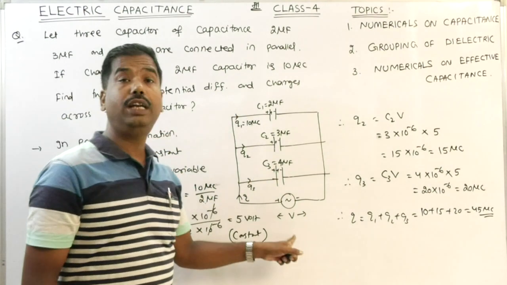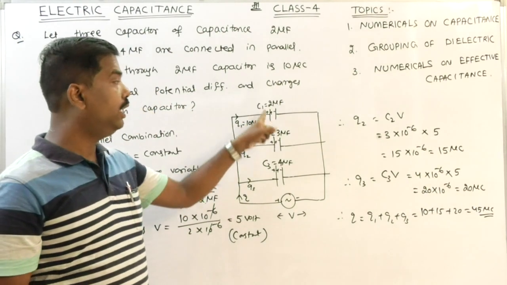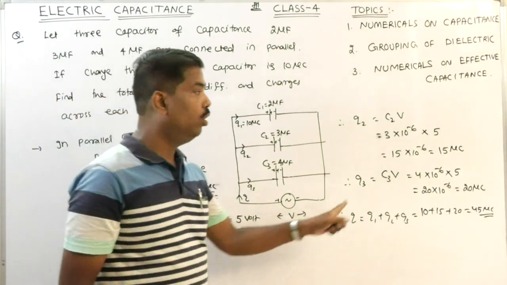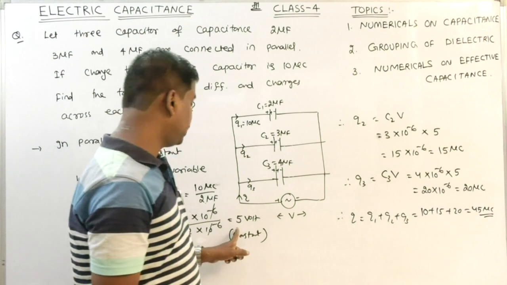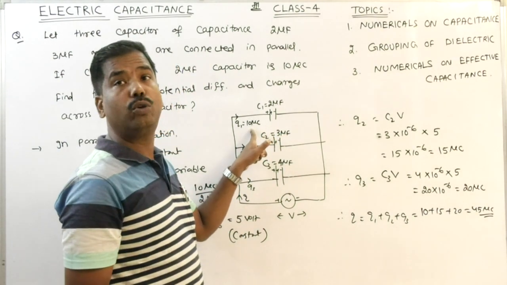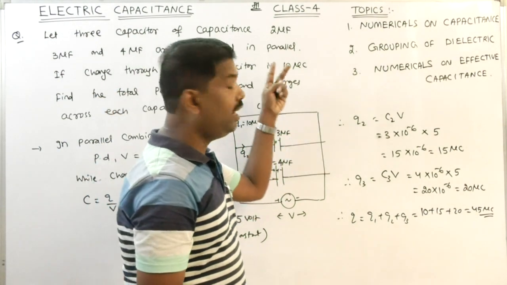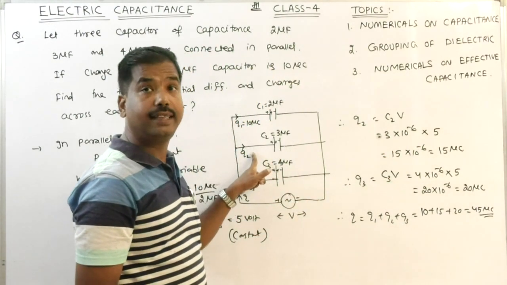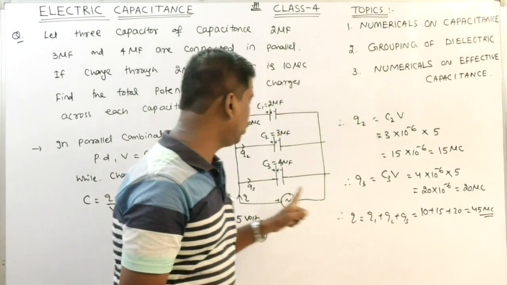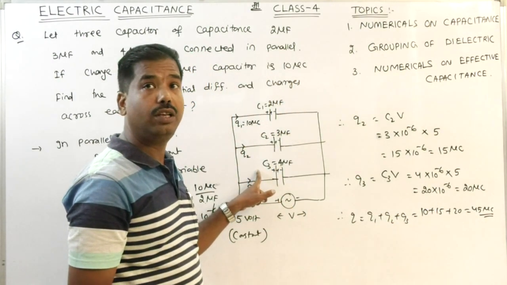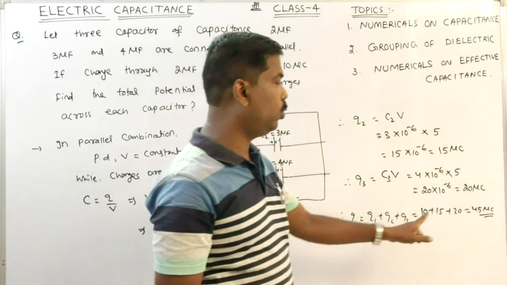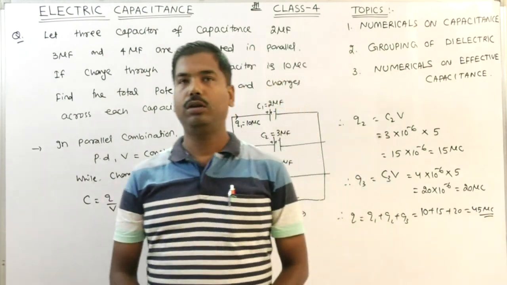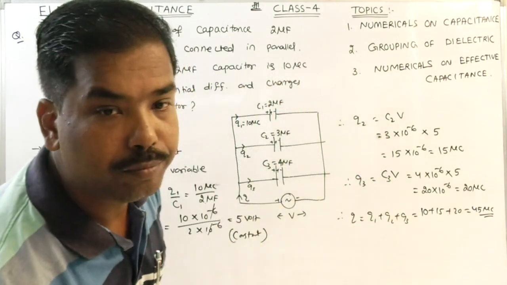The potential difference is constant, so 5 volt is across each capacitor, while the charge is different in each. The first capacitor has 10 microcoulomb, already given in the question, while 15 microcoulomb is across the second capacitor and 20 microcoulomb across the third, and the total charge is 45 microcoulomb. Clear? Next.